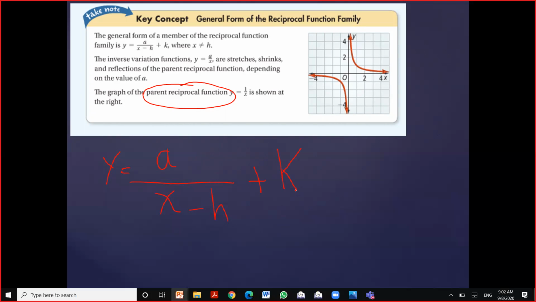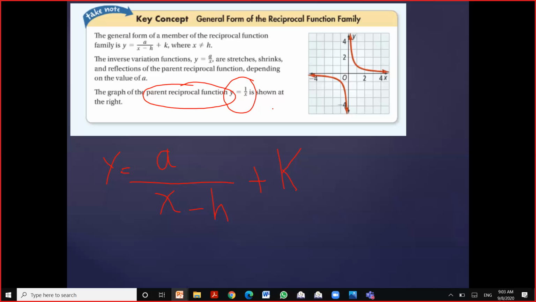Now today, in class we are talking about only y equals 1 over x. We are discussing how to draw its graph, how to find its asymptotes, the domain, the range, and the y and x intercepts.